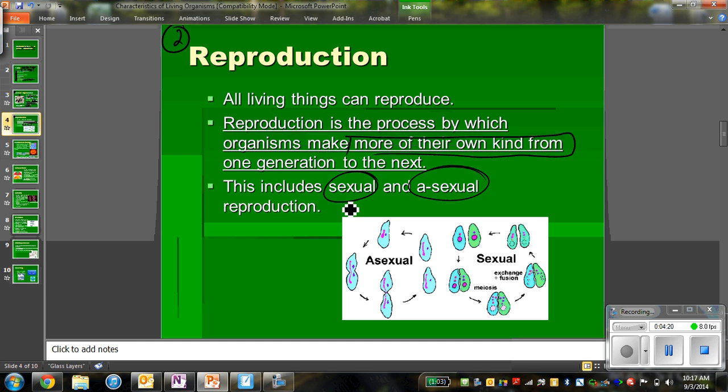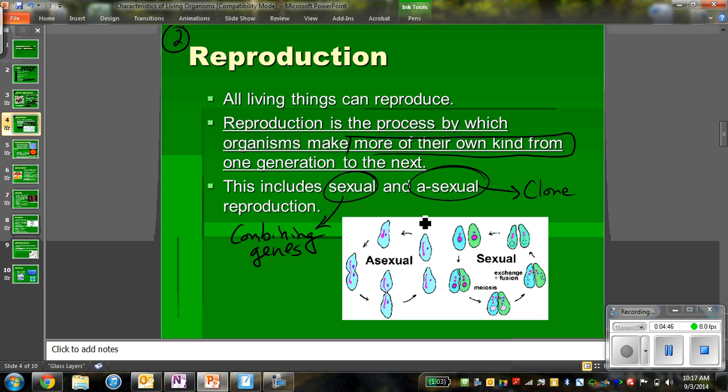Sexual reproduction is where organisms combine their genes, which deals with combining genes or your DNA to mix with another organism's to make more offspring. Asexual reproduction is where you clone your DNA and you give an exact copy to your offspring.